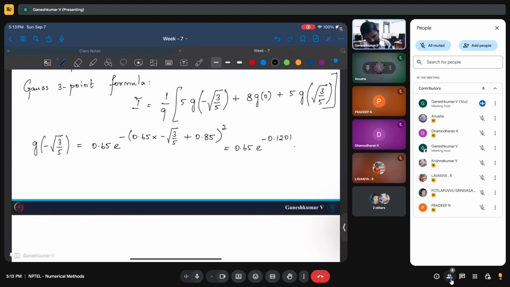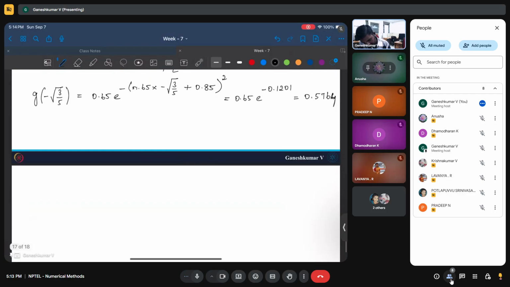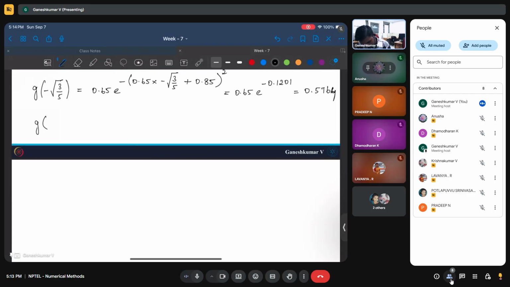Now if you substitute it, the exponential of that answer, times 0.65, is something like 0.5764. Okay, this is g at minus square root of 3 by 5. We need to find g at 0.